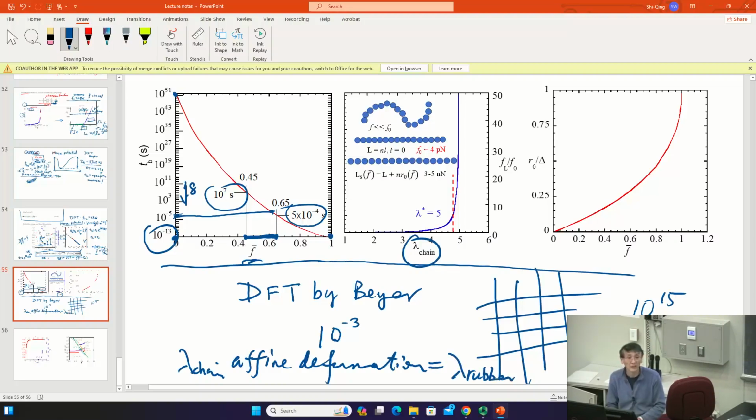Yeah? That's affine deformation. That's the deep meaning of affine deformation. It is a tremendous approximation, and we depend on it. When I double my rubber length, the end-to-end distance of the coil also just doubles. That's what it means.